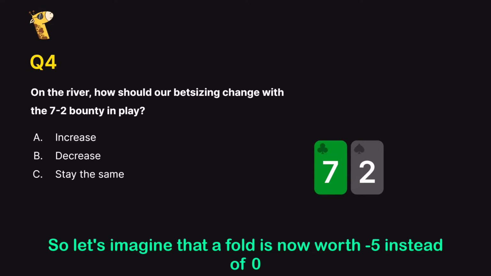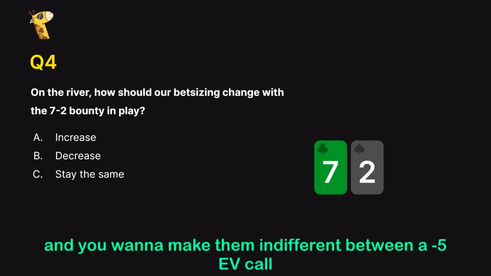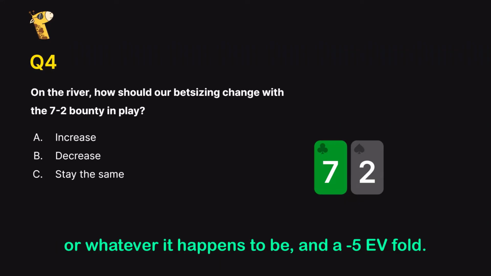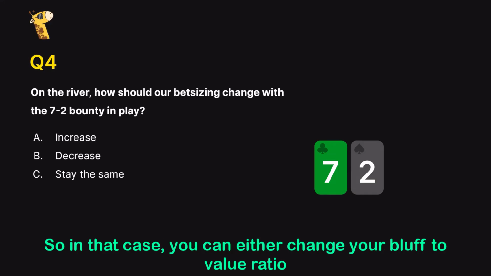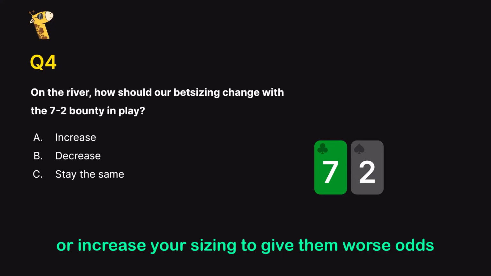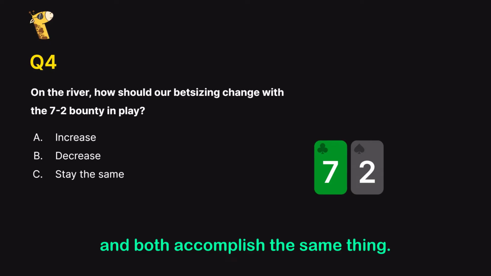So let's imagine that a fold is now worth like -5 instead of 0. And you want to make them indifferent between a -5 EV call, or whatever it happens to be, and a -5 EV fold. So in that case, you can either change your bluff to value ratio or increase your sizing to give them worse odds, and both accomplish the same thing.